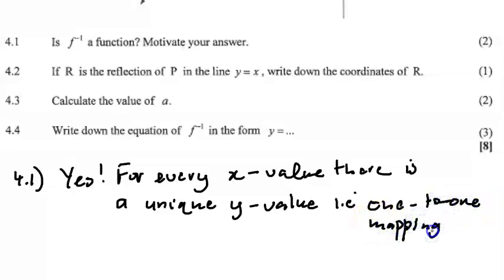Okay, so that's our solution. There's a 1-to-1 mapping, and yes, it is a function because for every x value there is a unique y value. Let's look at the next question.